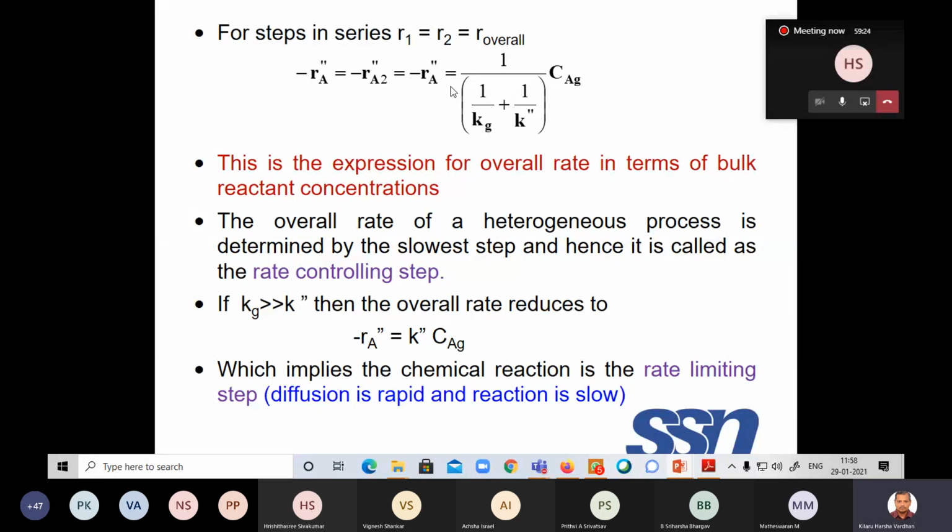In this equation, minus Ra is nothing but 1 by this particular term into CAG, and this is nothing but K overall. Earlier, in the homogeneous case, you wrote K into CAG. K is the overall, but here you cannot write it like that because it is a sum of individual mass transfer terms. Therefore, you will write like this.